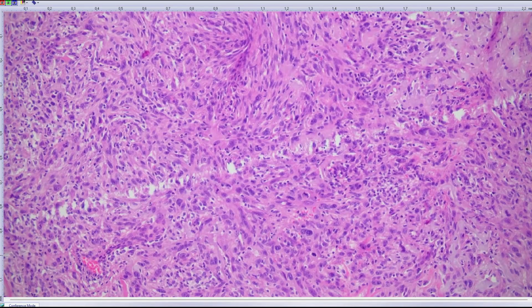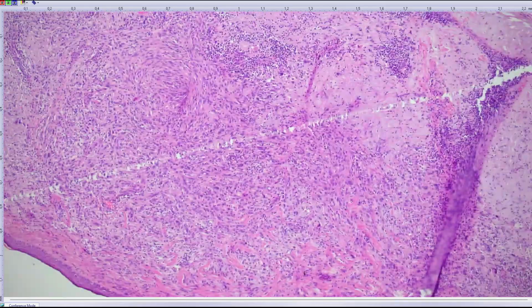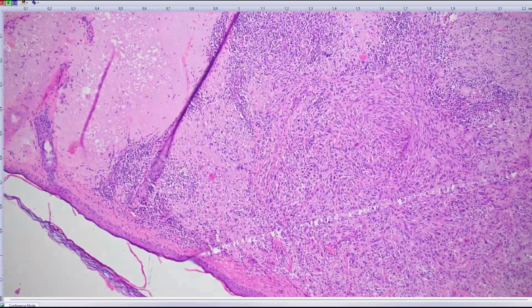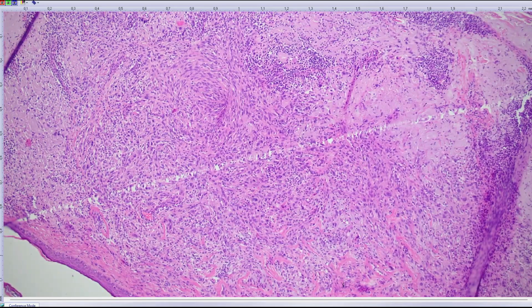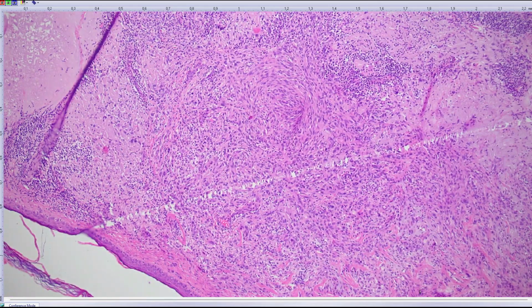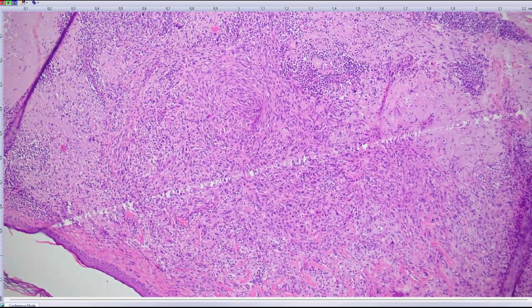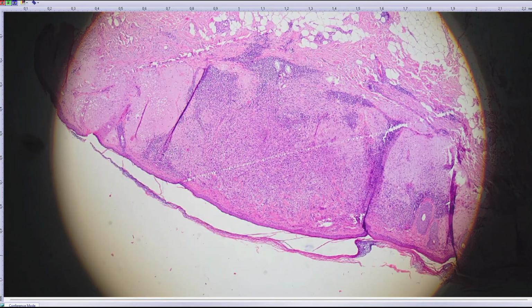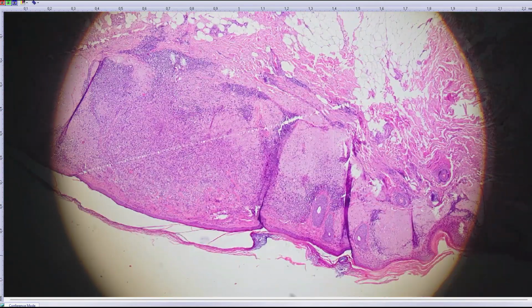So what should we do now? This can be a couple of things. The differential definitely includes some melanocytic lesion, especially melanoma, sarcomatoid carcinoma, some smooth muscle tumor, although unlikely, but it's good to stain for it.